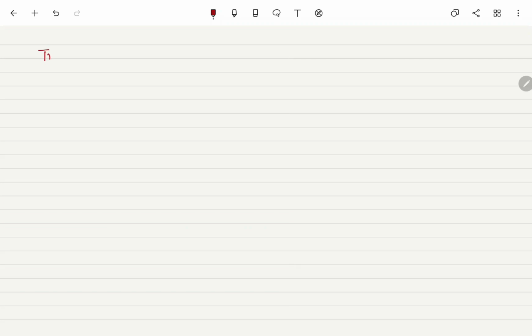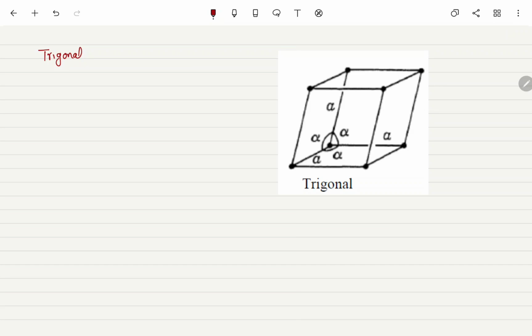Trigonal. Only one type of trigonal structure is this one here, and A1 equals A2 equals A3, but alpha equals beta equals gamma, but not equal to 90 degrees, and they are all less than 120 degrees.